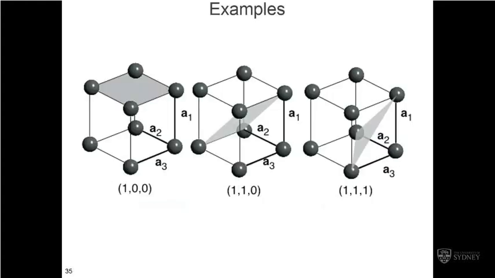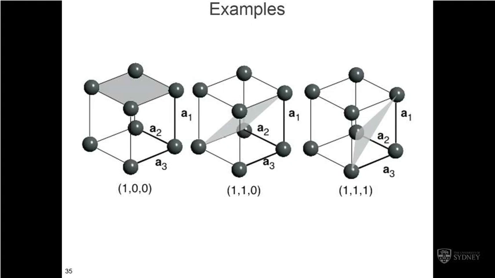Some more really common lattice planes or Miller indices. I don't know if you've seen all these. This is just like we had before, paying attention to the different notation here. This is like a 1, 1, 1 plane where it's lying across the diagonal, but only in the X and Y. And here it's tilting to the corner of the cube.